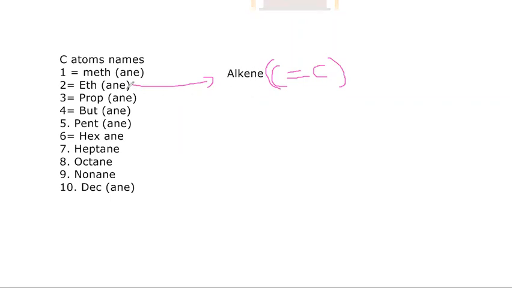Here you just have to replace ane with ene for the alkene. So the name of the first molecule over here would be ethene.